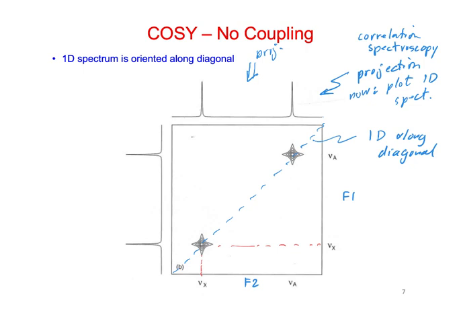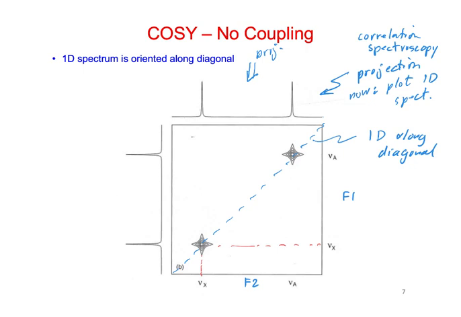Because for example, if we run this COSY spectrum, we might have 1K or 2K of points in our acquisition domain, but when we do a one-dimensional proton spectrum, we'll have 16K or 32K in our acquisition.